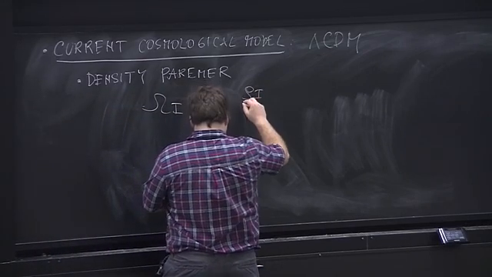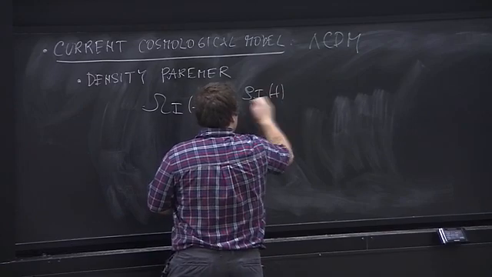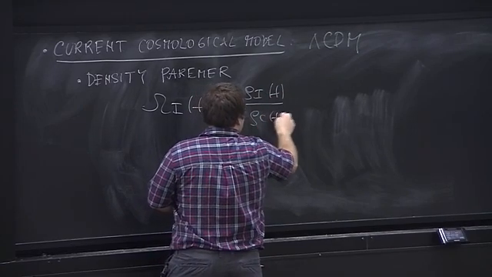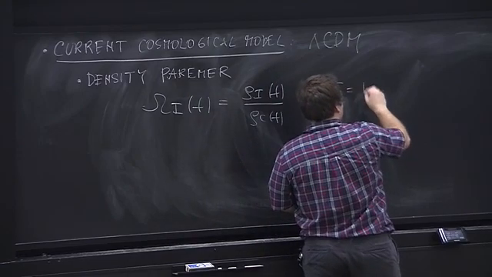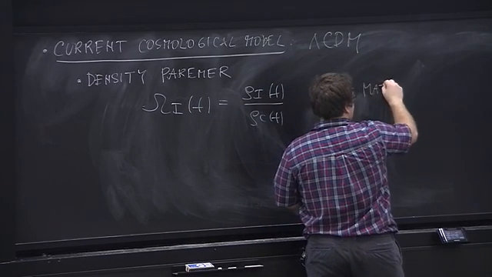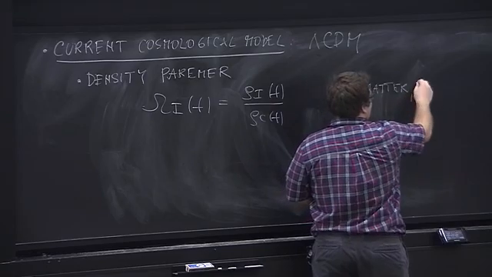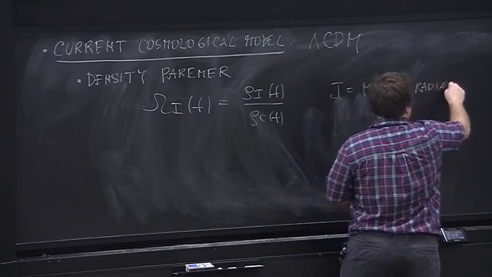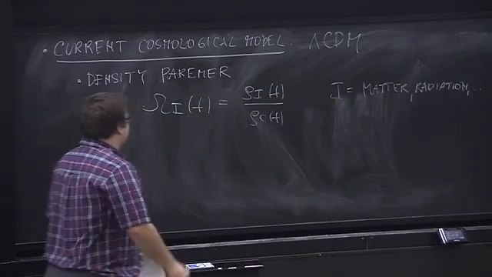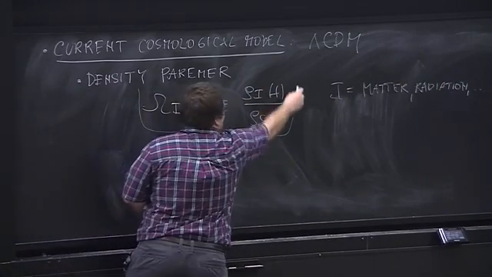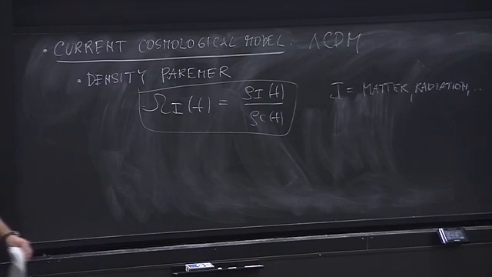So rho_i(t) divided by rho_critical(t), where this i can be matter, radiation, and all these components I have, lambda, and so on. So people often use this density parameter.